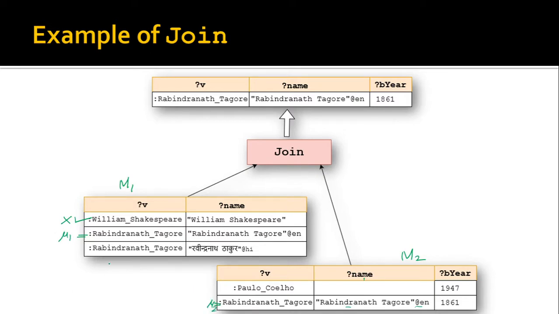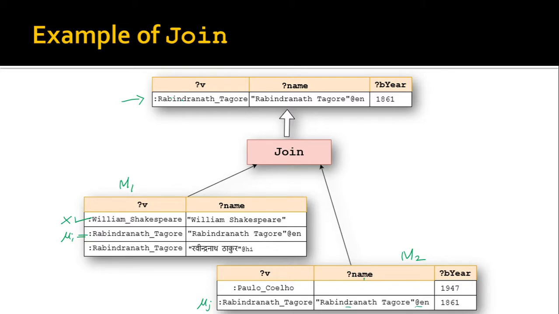I should represent it in a generic way, so I should write this as mu i and mu j, and they are compatible. As they are compatible, they will go to our solution set, which represents the evaluation result of join.